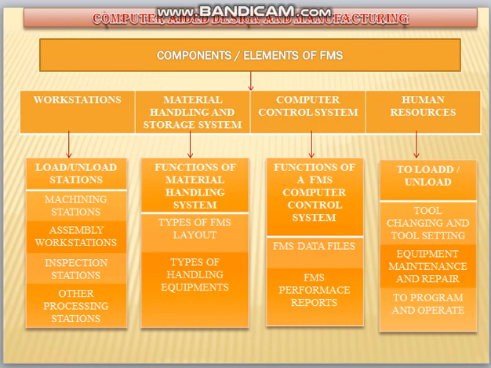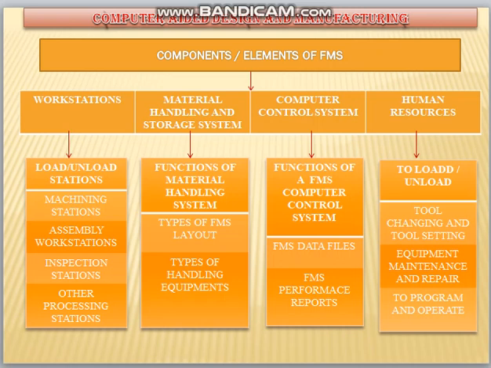And moving on to the FMS data files. The FMS data file is used to create a program, the routing file, according to which the workstations are processed. Next, part production: each and every part is processed according to the program.